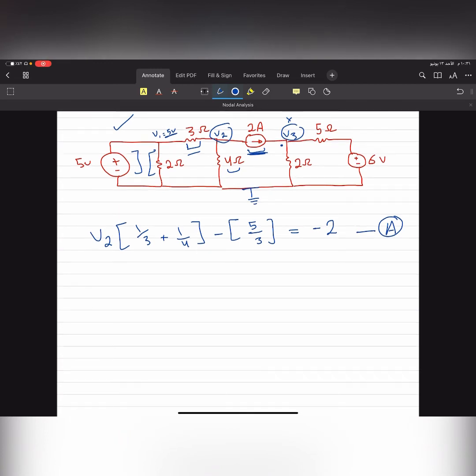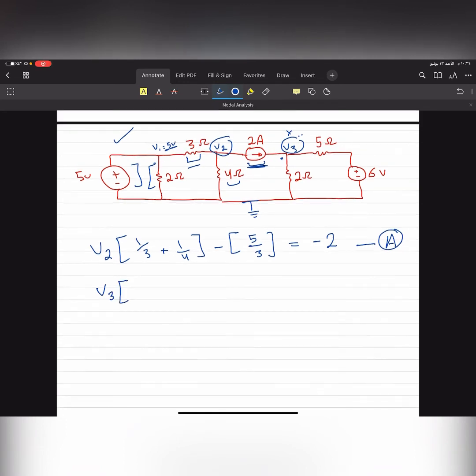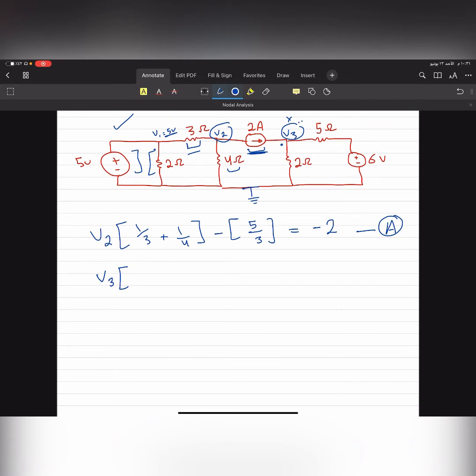And now moving on to another equation, which is this one, V3 and brackets. And first of all, I have the adjacent resistances, so it's 1 over 5 plus 1 over 2 minus the mutual voltages, 6 over 5.